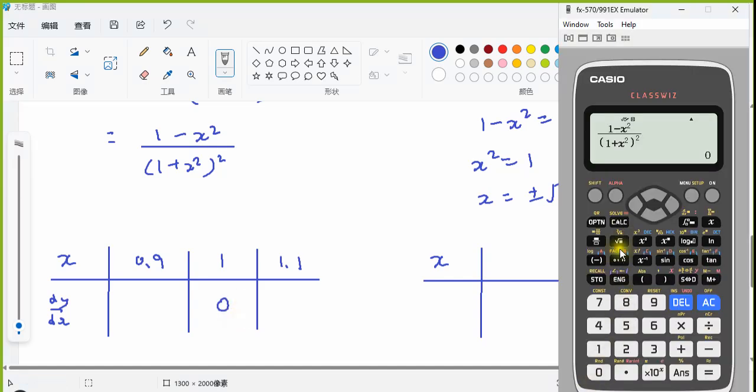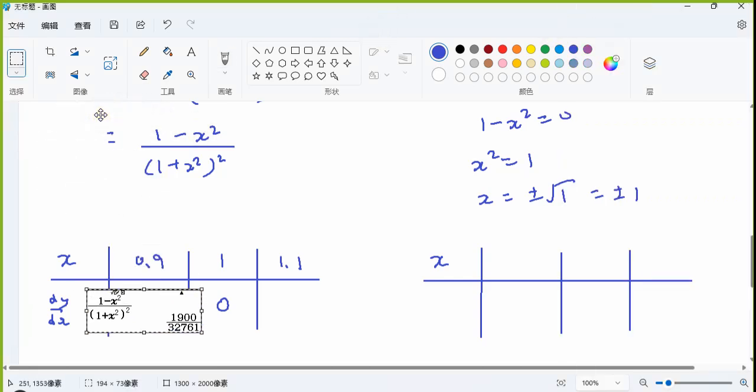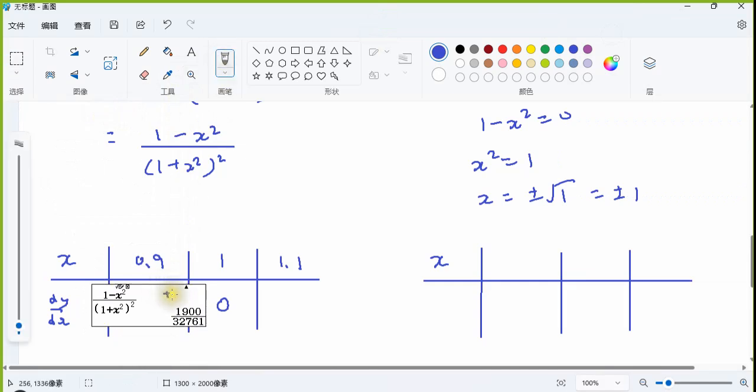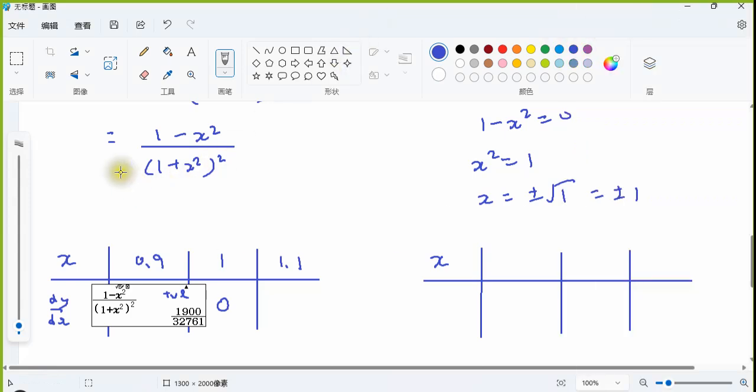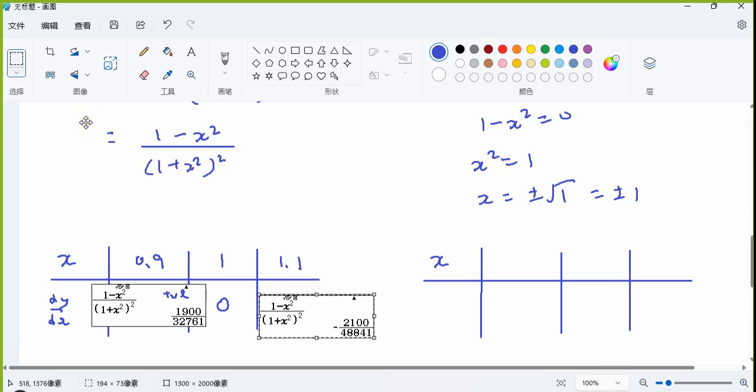Okay, but when we substitute with 0.9, then it will be this value, which is positive. And when we substitute with 1.1, it is negative.